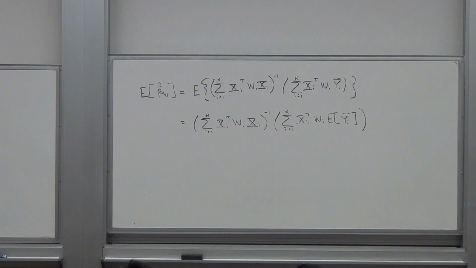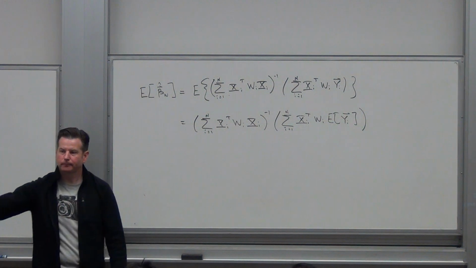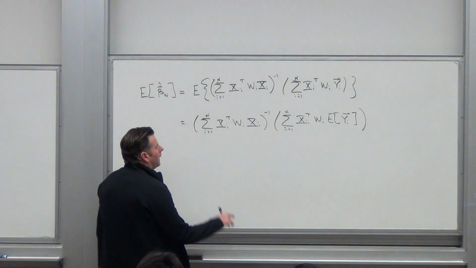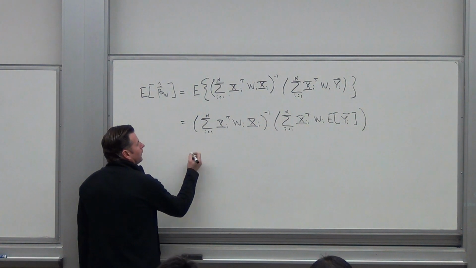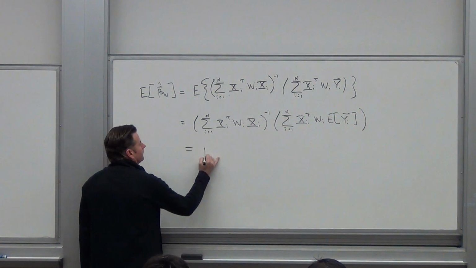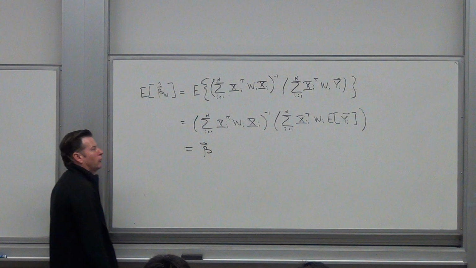Well, the expectation of yi is equal to xi times beta, right? I mean, that's my mean model. I'm assuming zero mean on my errors. I've got an intercept in the model. So this whole thing then is just going to be beta.